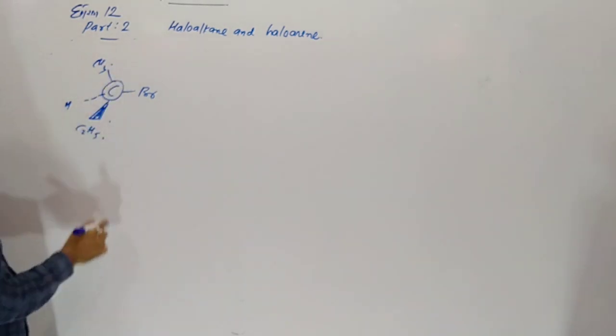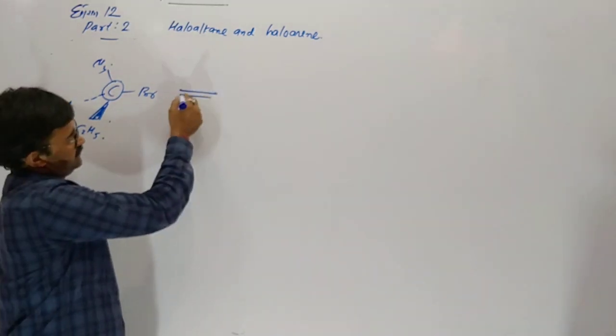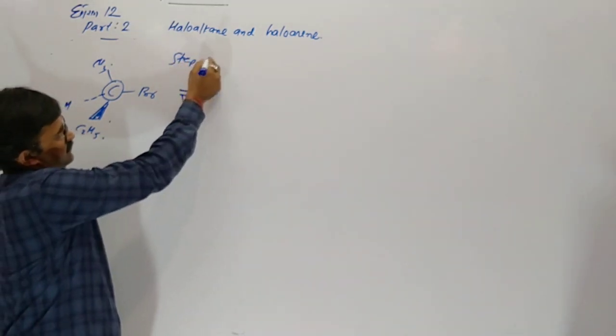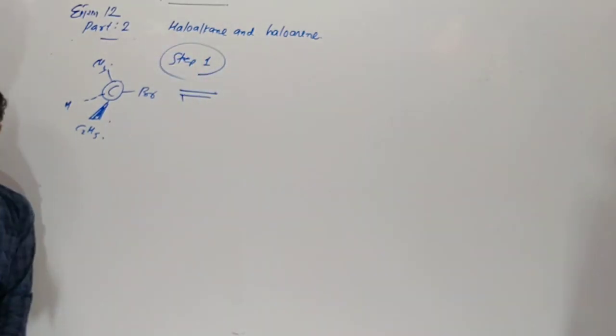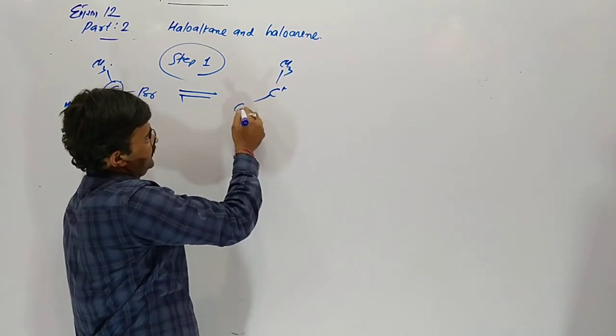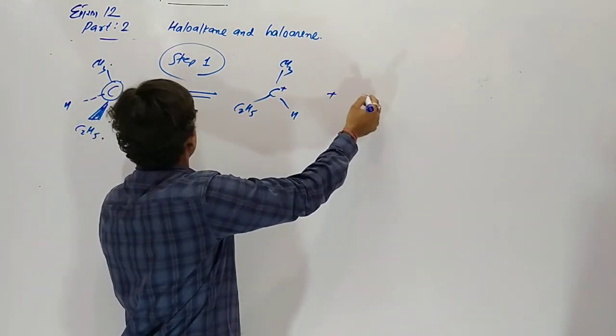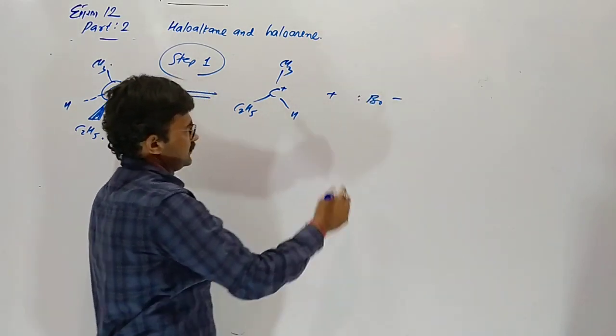This is the chiral carbon. In step number 1, the carbocation forms: CH3, C2H5, H, and Br is removed.